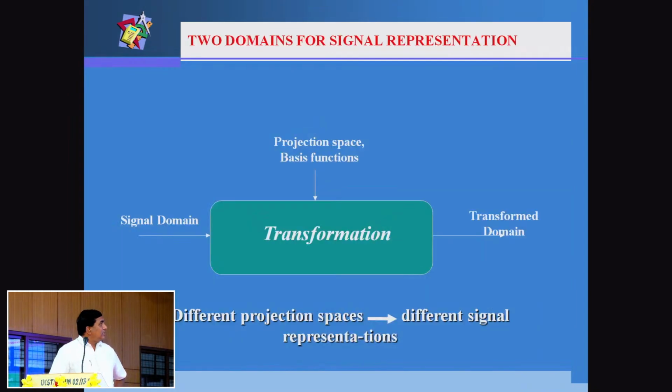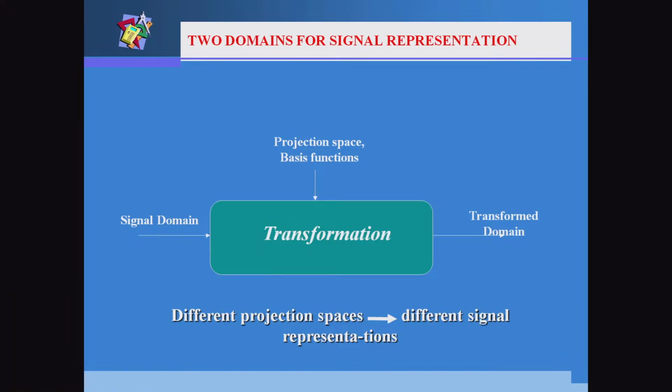Here, two domains for signal representation. Function representation, two important domains. One is the signal domain, your f of t. Another one is the transform domain. In the transformation, we can make use of basis functions, which we call a projection space.